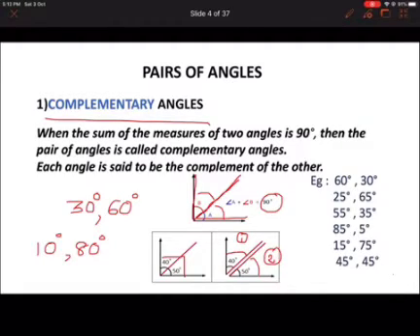So all these angles form complementary pairs. How do we know that? If we add them, we should get a total of 90 degrees. Only then can we call them complementary angles. Children, I hope you understood that. Okay, now let's move on.